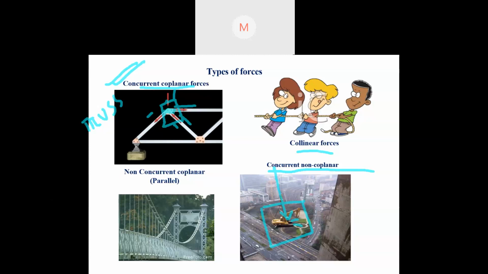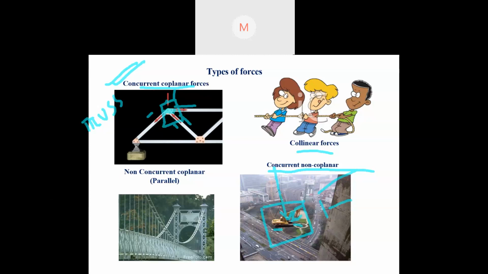But these wheels of the crane, this is a very big crane, they are in different planes. One will be in one plane, the other in another plane. And also this arm of this crane is in a different plane. So it is concurrent and non-coplanar.